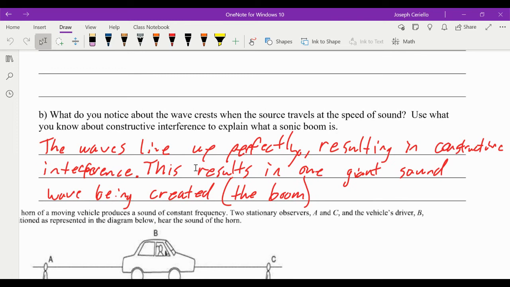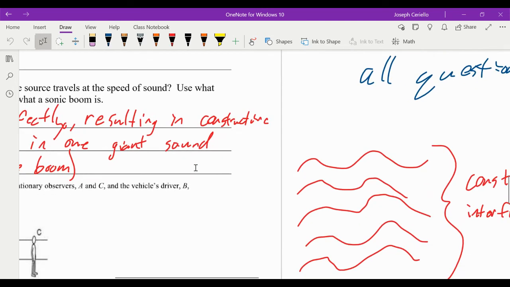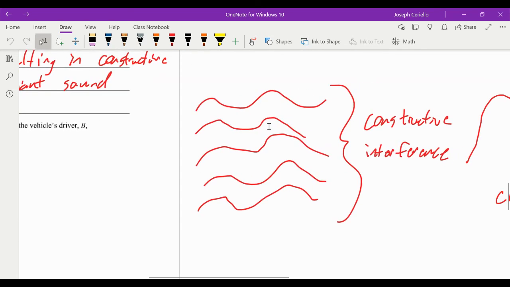Think about it, when a bunch of waves come together constructively, they create one giant sound wave, the boom. Now, the boom is not a one-time event. It follows the airplane as it moves. So everyone's going to hear the boom at some point as long as the airplane passes you. So think about this, though. This is not quite what sound waves look like.